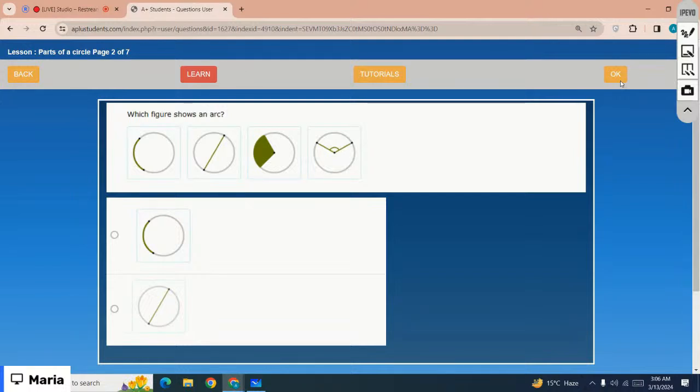Option number one is the correct option. That is the arc on the circle.